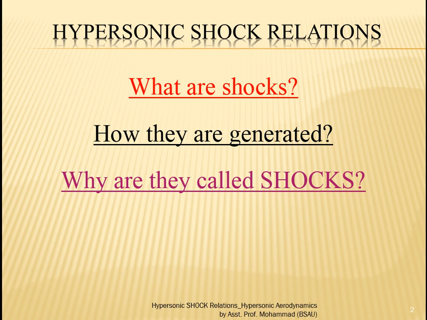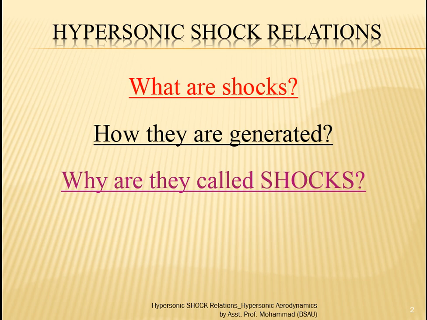A lot of very weak compression waves are joined together, and the changes in the property they bring across them become finite, so they become a shock. It is a discontinuity because the changes are abrupt in a very small, very thin space. The changes are very large, so they are called discontinuity.